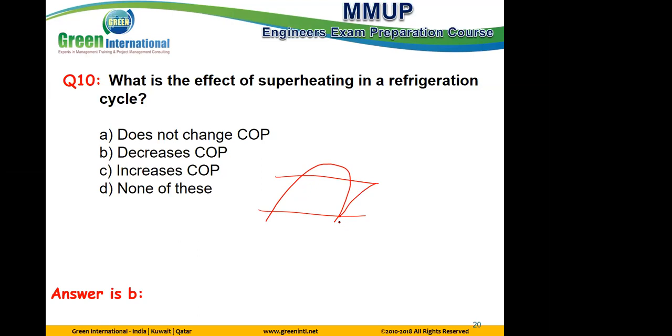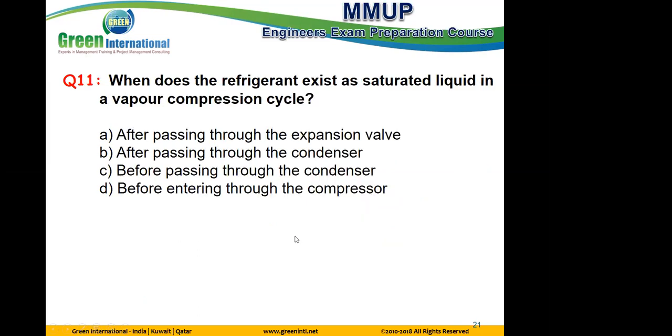If you go to superheating, the line for the compressor starts from here and goes like this. It's not parallel, so this value increases, so the compressor work increases. COP has compressor work in the denominator, correct? So this one increases, COP decreases. Clear? Yes, sir.